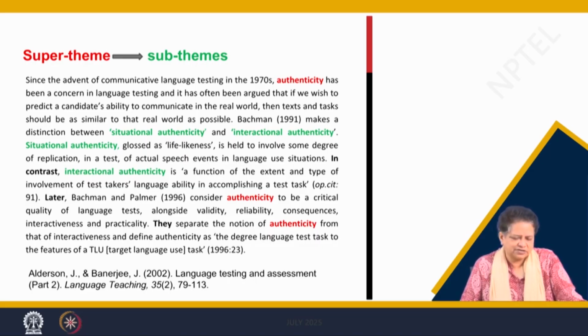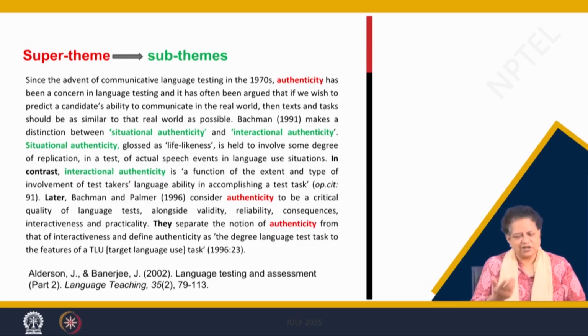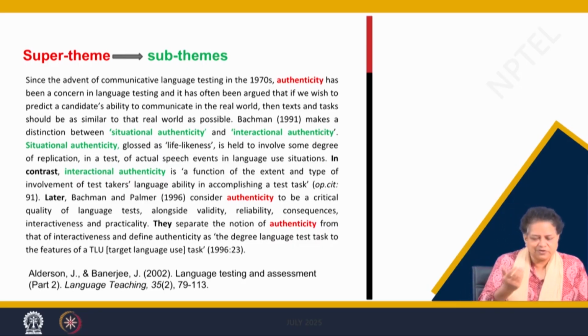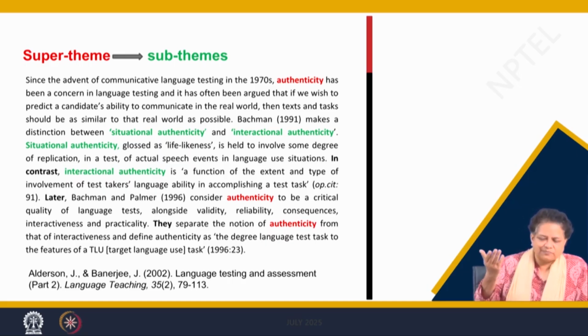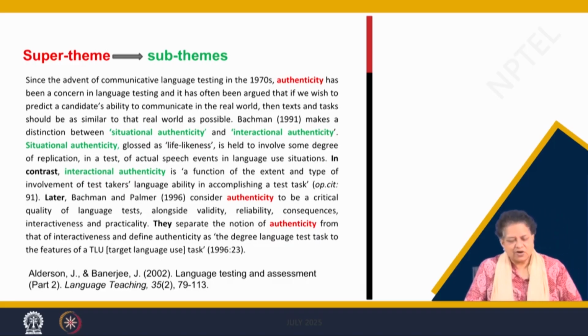In contrast, interactional authenticity, that is sub theme 2, is a function of the extent and type of involvement of test taker's language ability in accomplishing a test task. Later, Bachman and Palmer 1996 consider authenticity, again the main theme, to be a critical quality of language tests alongside validity, reliability, consequences, interactiveness and practicality.